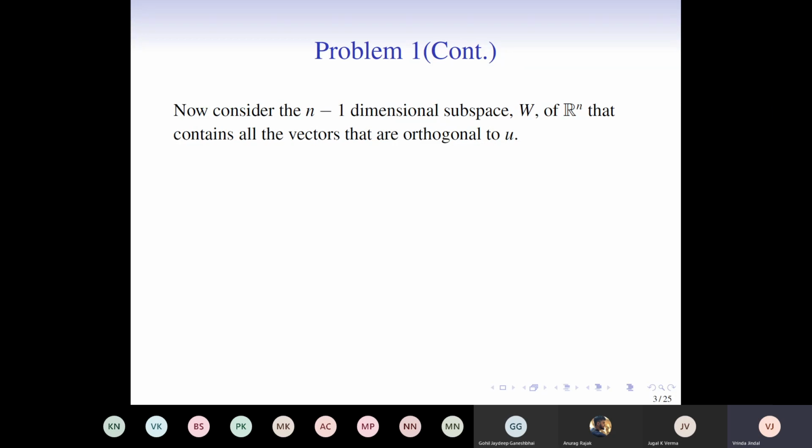So U will be one element and all the other n minus 1 elements in that basis will be unit vectors, and all of them will be orthogonal to each other.